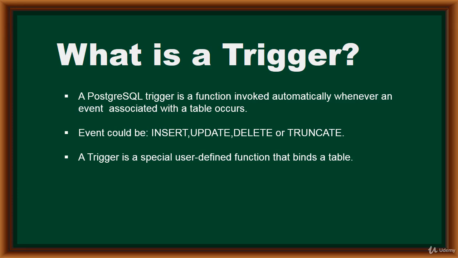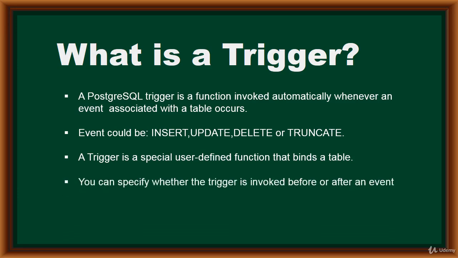You have to associate a trigger with a table. And when you create a trigger, you can indicate when the trigger should fire off. It can either fire off before or after an event occurs. So you can specify when to invoke the trigger.